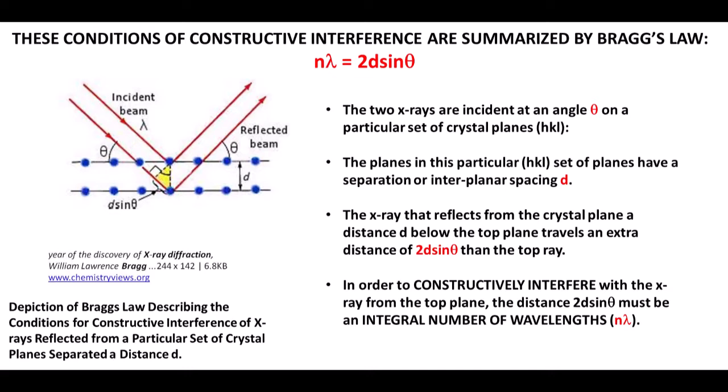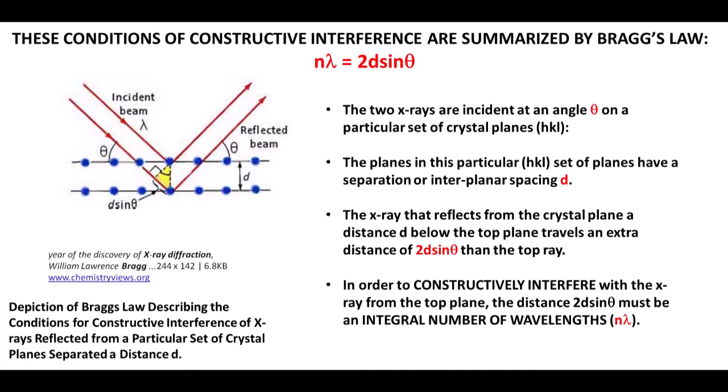The total path length that the X-rays on the lower red path have to travel so that they would be in phase as they exit would need to be either lambda, the X-ray wavelength, or any integer multiple of it. So Bragg's law is really geometry, indicating that as long as the wavelength is an integer multiple of that distance 2d sine theta, then the waves will be in phase with respect to each other.